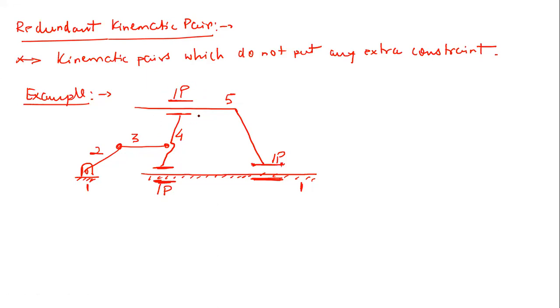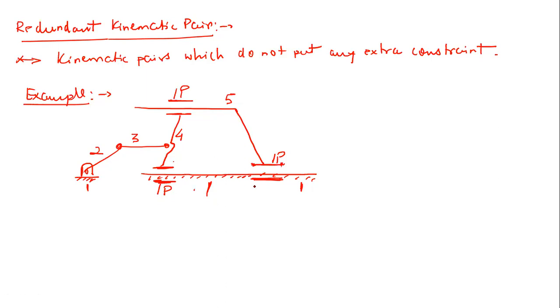Now let us come to this. Let us remove this one. Will it affect the motion of the other links if I remove this kinematic pair? Just think very carefully. See, very important thing: link 4 will have a sliding motion with respect to link 1.